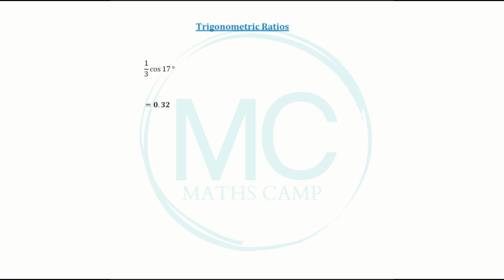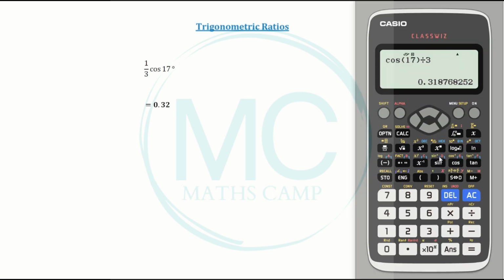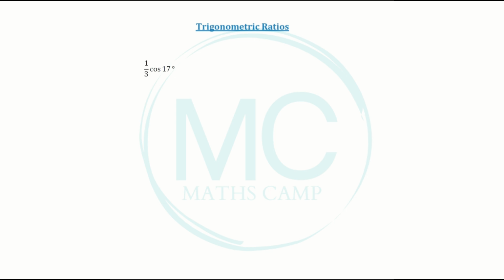But we can also say 1 divided by 3 cosine 17. So we say 1 divided by 3 cosine 17, and we get 0,3485. But again, this is not the correct answer. But why? We know that when we have a fraction, we are actually dividing the numerator by the denominator.